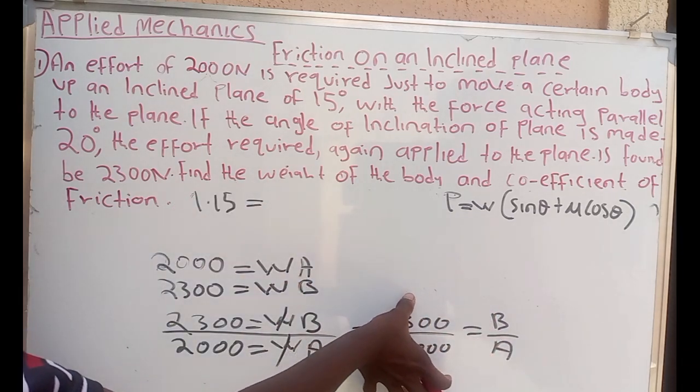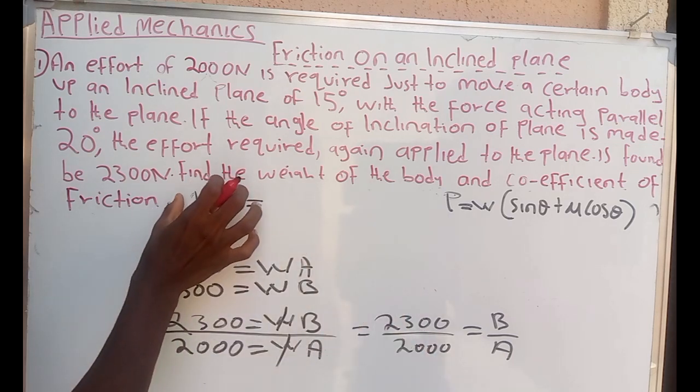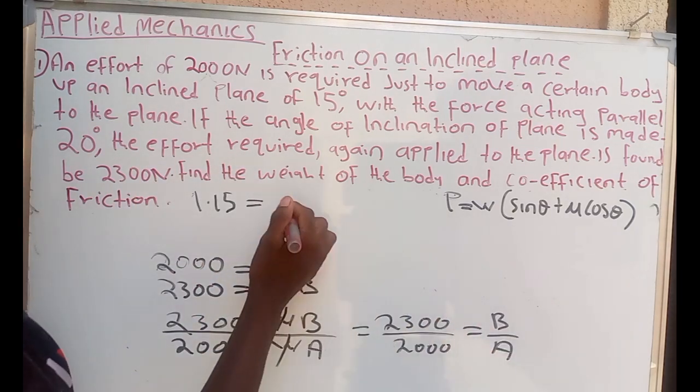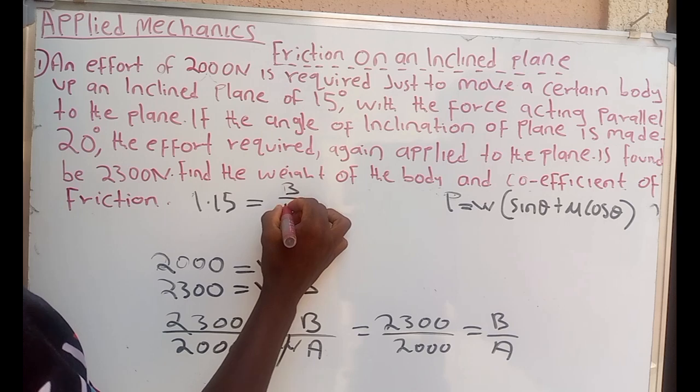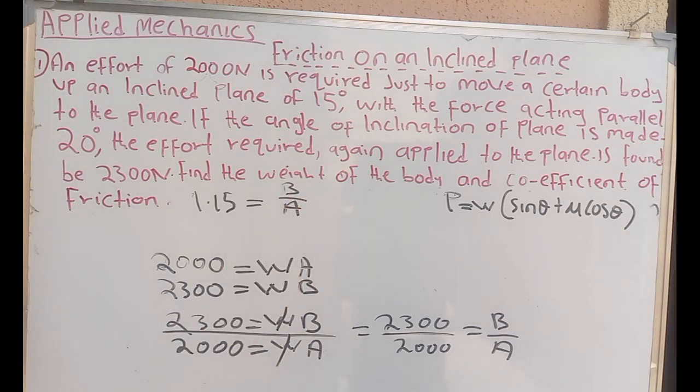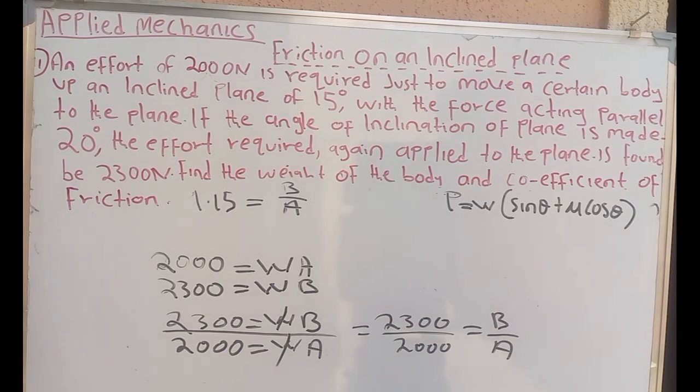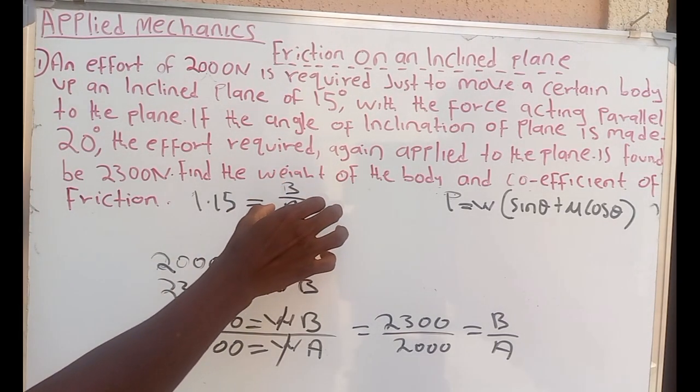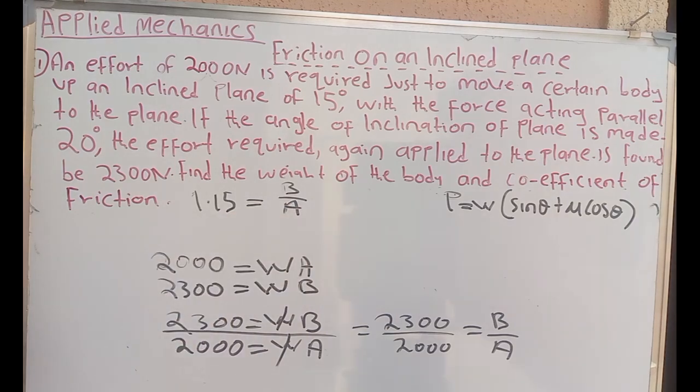If you press it in your calculator, it will give you this value. And therefore, B over A, we have to figure out the value of B and also the value of A.